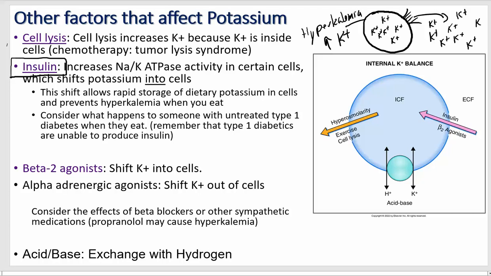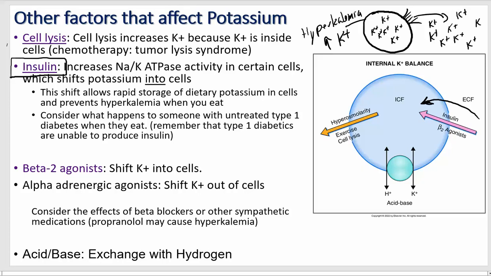What it is, is that insulin is released when we eat. We have an increase in insulin release, and it will cause potassium to move into cells where insulin is active, which are muscle cells, liver cells, fat cells.